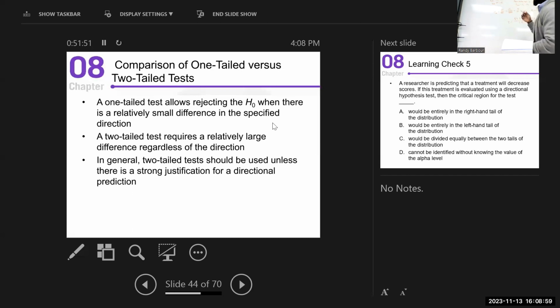So my step one is here. This is part of step one, that's what step one is: stating my hypothesis.